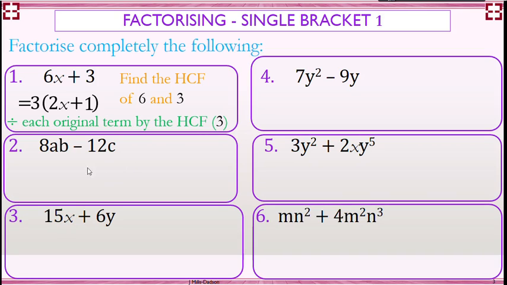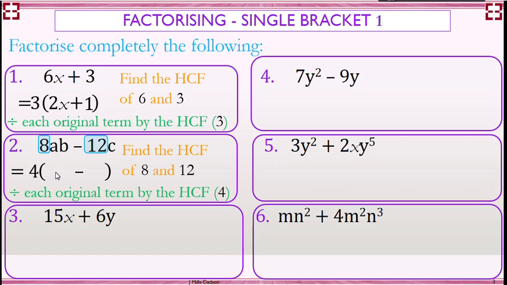Let's look at example 2. 8 and 12, highest common factor of 8 and 12. That is 4. So we're going to divide 8ab by 4, or 8 divided by 4 is 2, so it's 2ab. Don't forget your sign, minus here as well. 12 divided by 4 is 3, so 12c divided by 4 will be 3c.